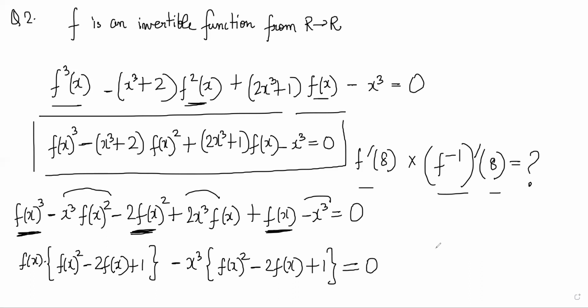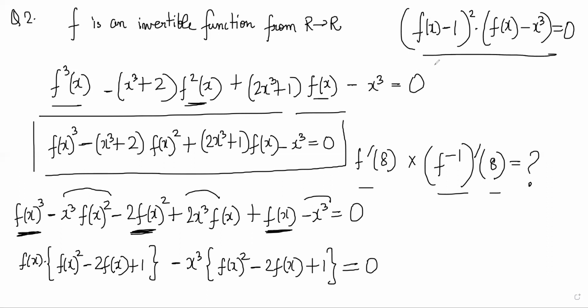You're getting f of x minus 1 whole square common and f of x minus x cube. So either f of x is 1 or f of x is x cube.